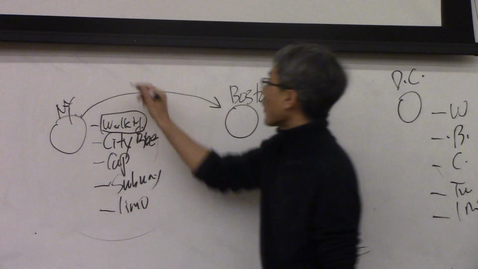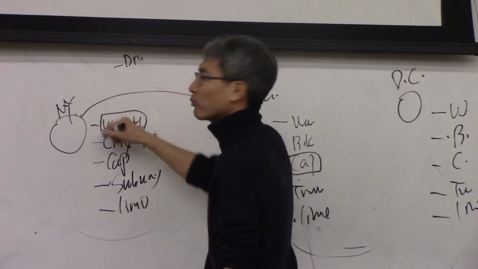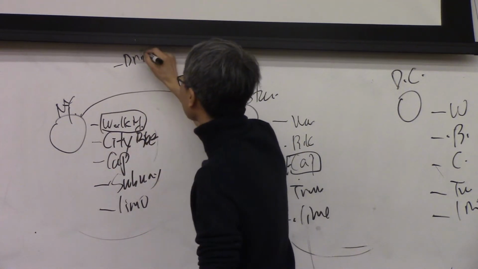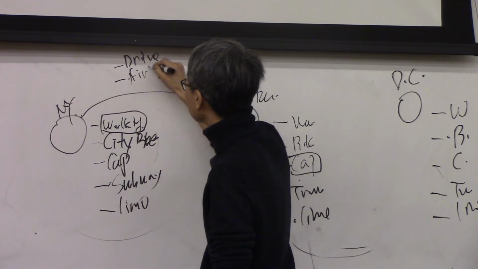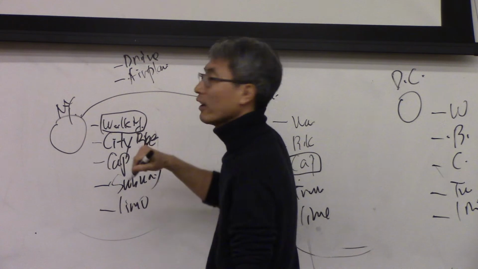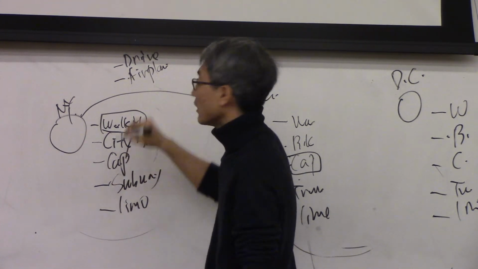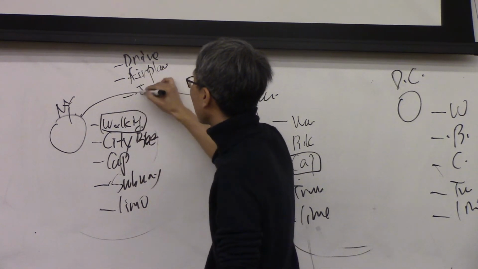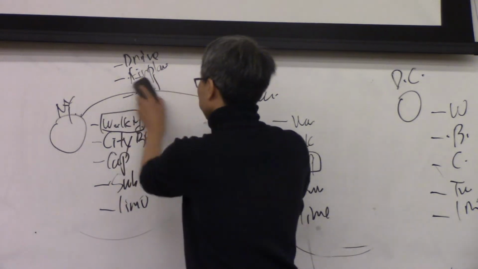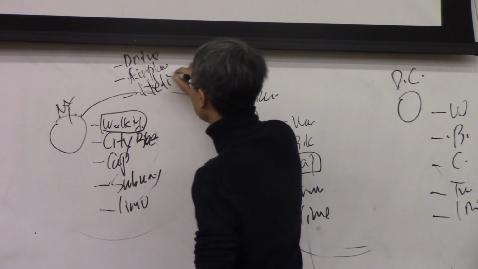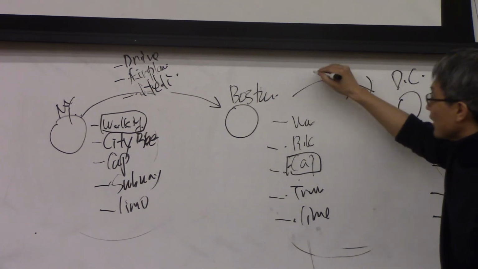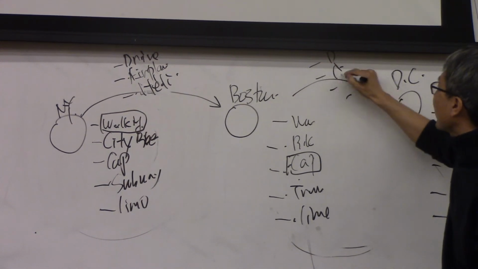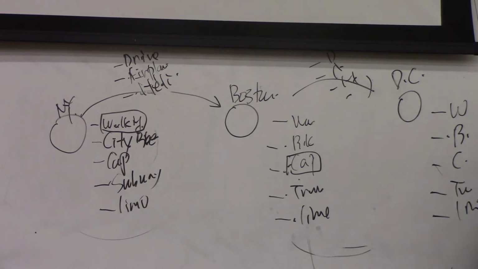Select one. You can drive. Rule out walking, not possible. Drive, or airplane. And even with the airplane, there's a private jet, helicopter. 3 different ways. And also Boston to DC, same: drive, airplane, and helicopter. 3 different ways.